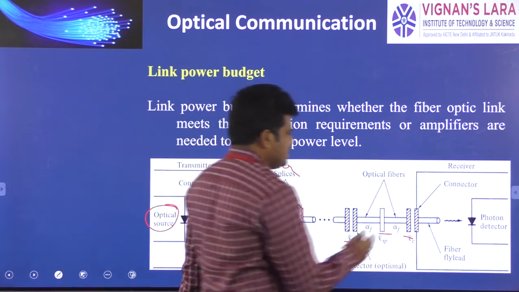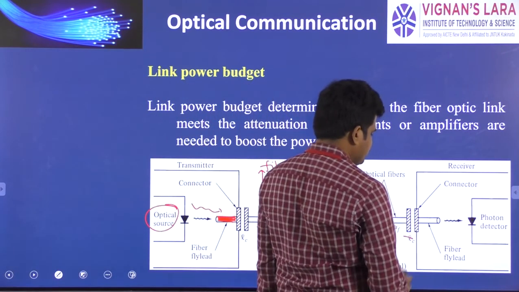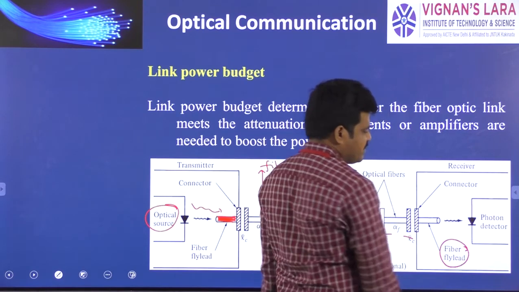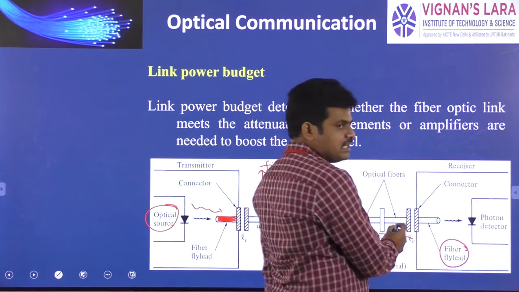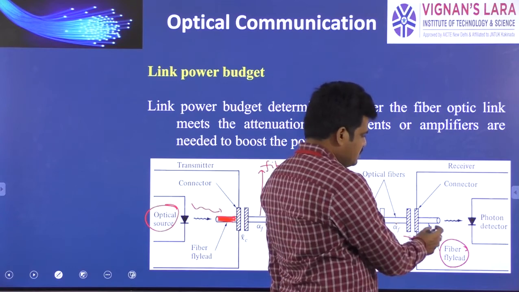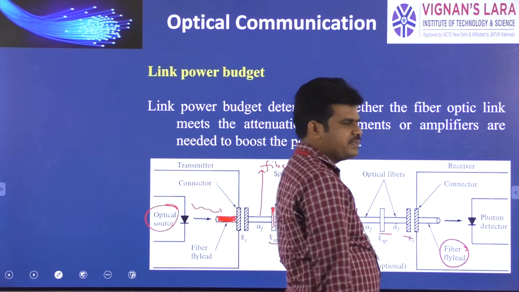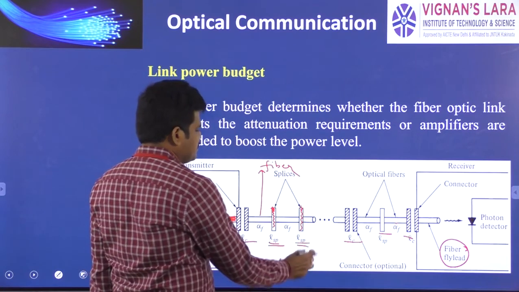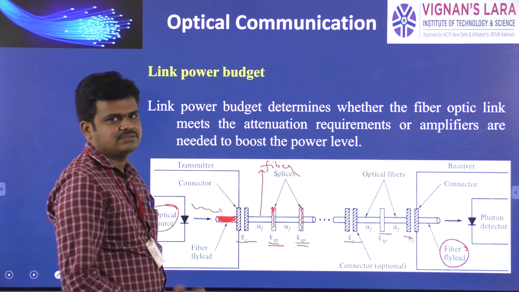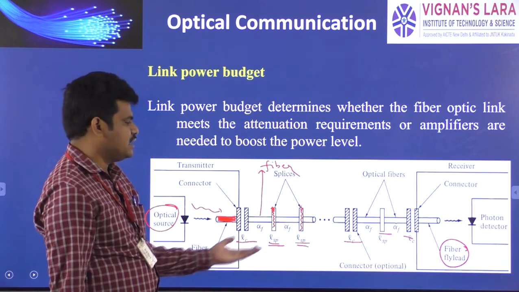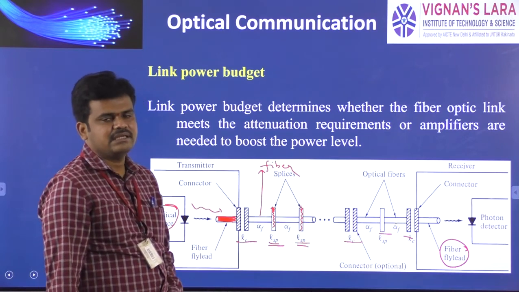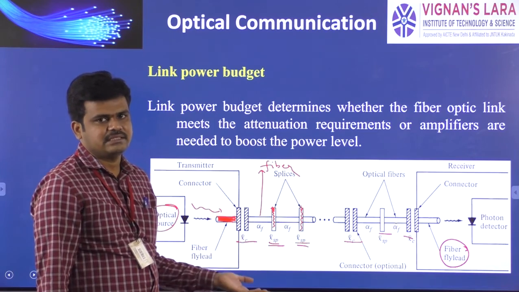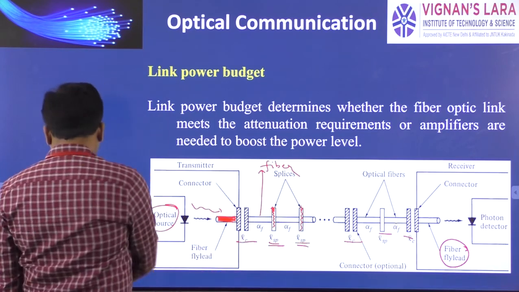At the end, at the receiver, you are using another connector or fiber fly lead to connect the end of the optical fiber to the photodetector. If you observe, every connector offers some loss. So many connectors you have used, and every connector offers some loss, and we cannot neglect that.